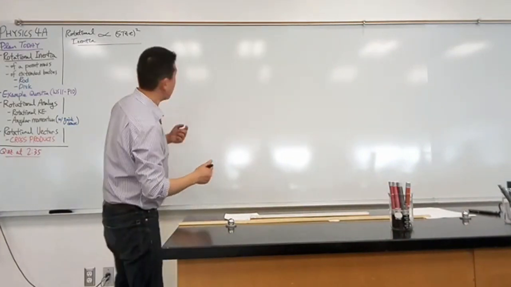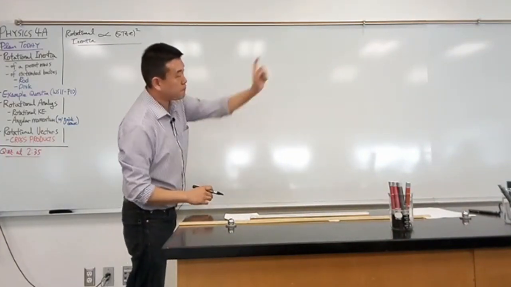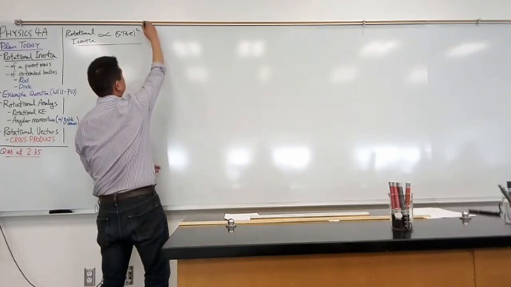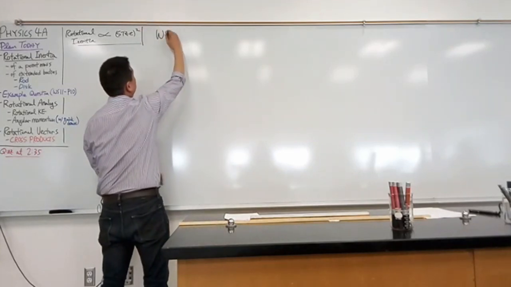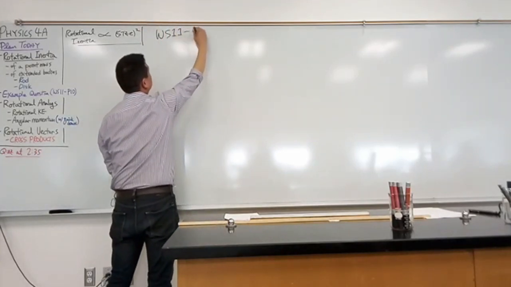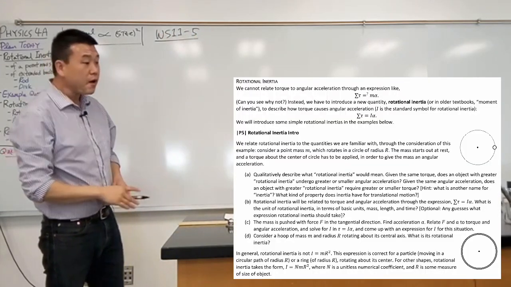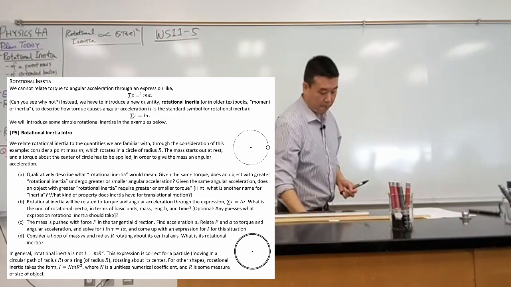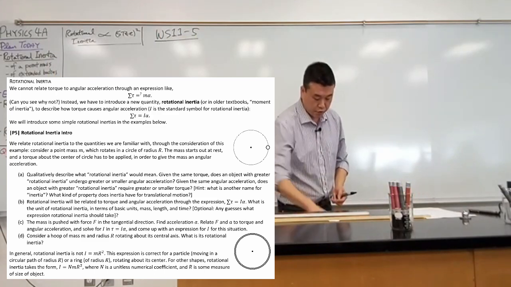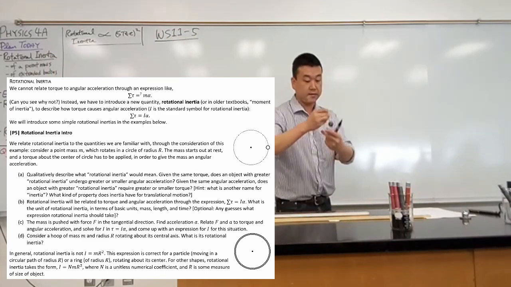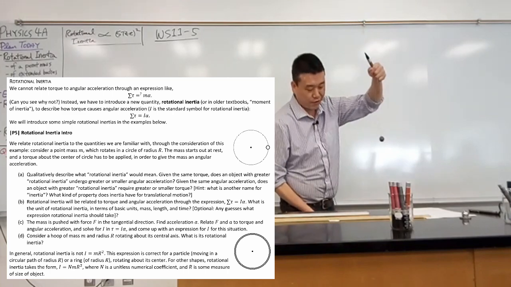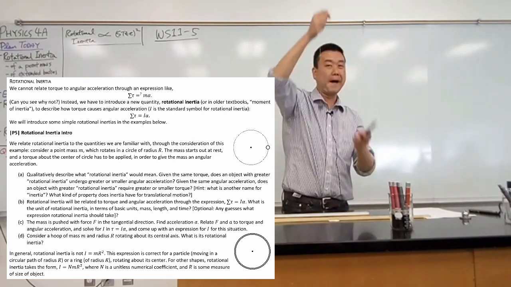Okay, so let me just follow through problem 5, since that sketches out what I need to do. Worksheet 11, problem 5. This is the setup that's there. You have to imagine a point mass. You could imagine the point mass as maybe this thing, because it's easier to make this go in a circle.